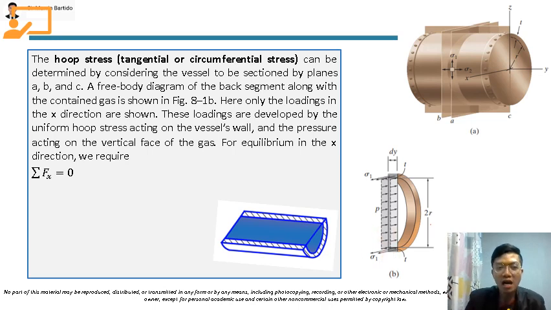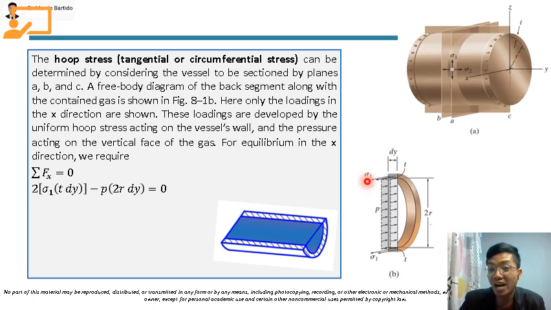To solve for the forces here, we first have to convert this sigma 1 into force. Sigma 1 is a stress, so to make it a force, we multiply it by the area perpendicular to it.